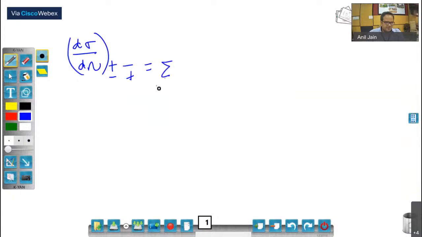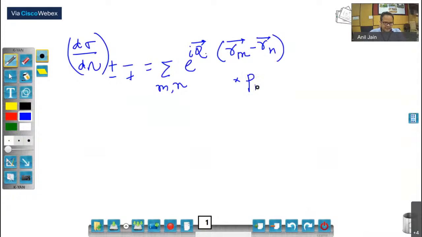This is given by the sum over m and n of exponential iota q, where q is again the scattering vector, which is k_f minus k_i, dot r_m minus r_n, times p_m magnetic scattering length p_n, and then you have a bracket, which I am writing here.